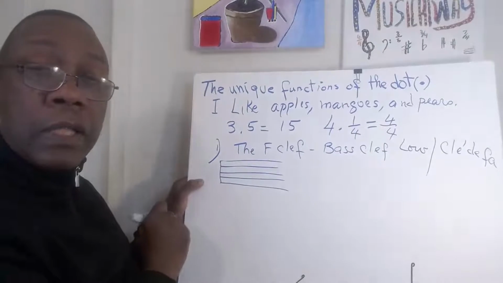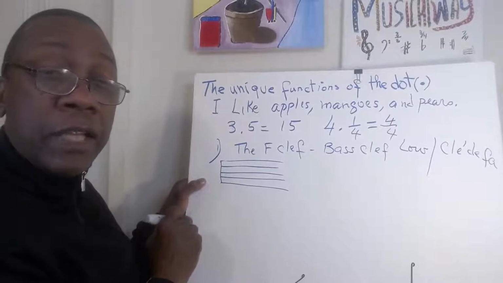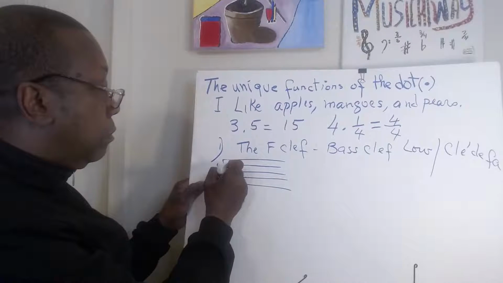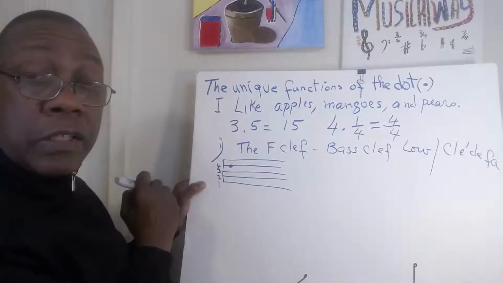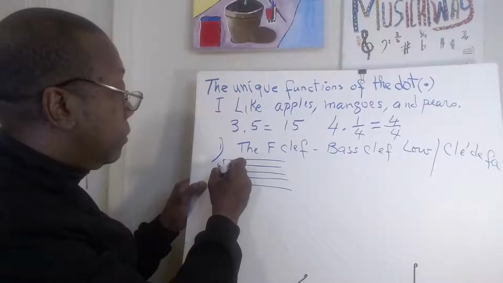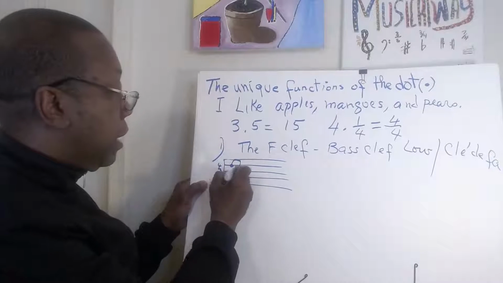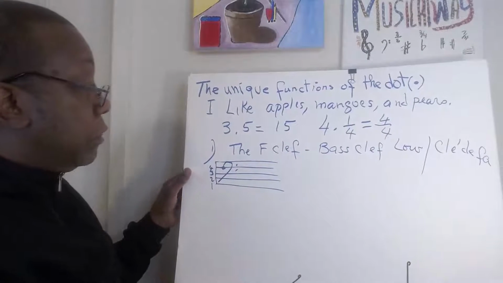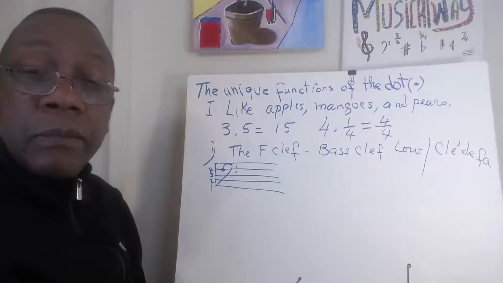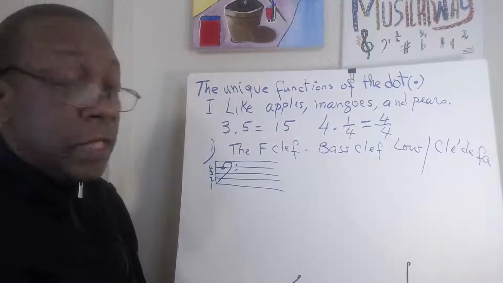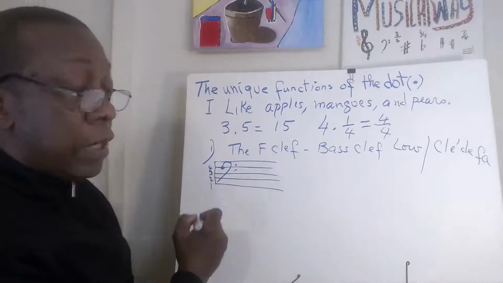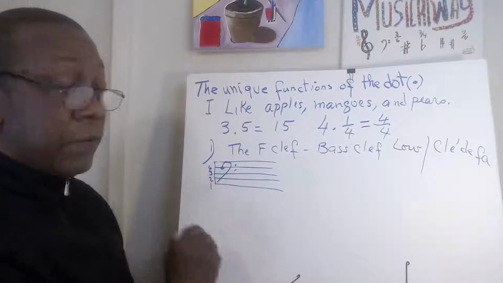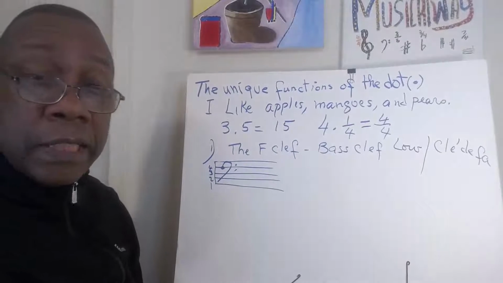The clé de fa or F clef is on the 4th line. There's a dot that starts the clef, and it spins around plus 2 other dots. It tells us that this is the bass clef, and apart from the 2 dots, we have F, which is the name of the clef as well, and the name of the line.